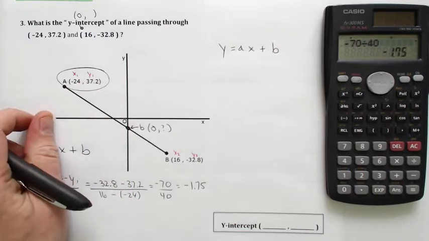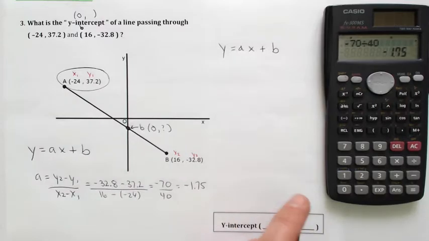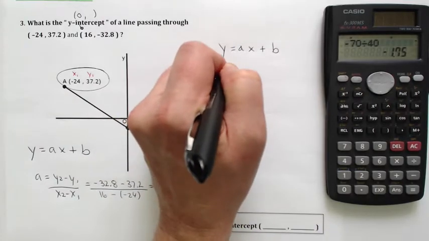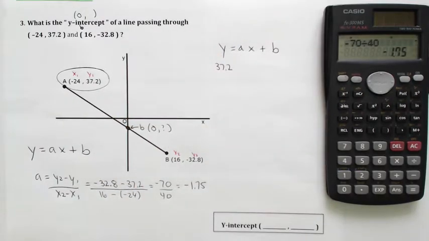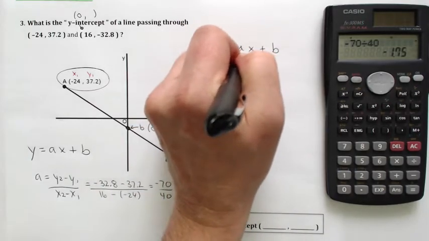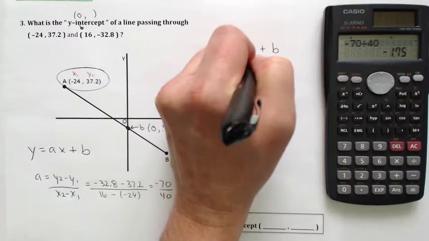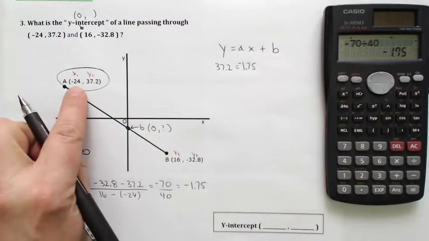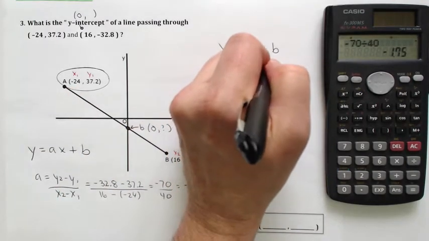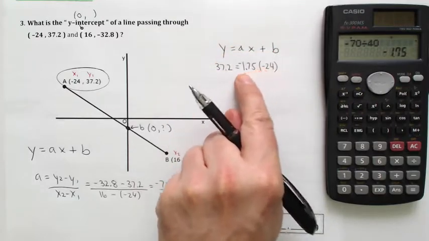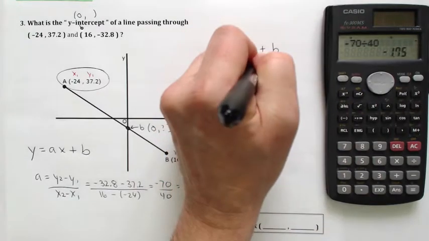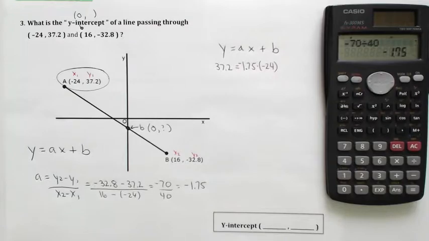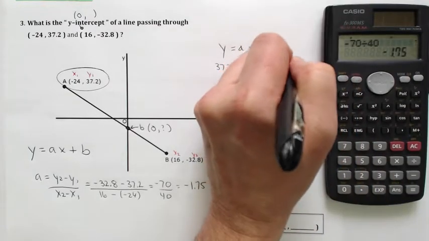I generally use my P1, so 37.2 is my y. 37.2 goes right there, is equal to a, which is negative 1.75, negative 1.75 times the x, which is negative 24. I'll put brackets there just to make sure I offset the fact that that's a multiplication. Right? Show that with a little tiny dot if you want, plus b.